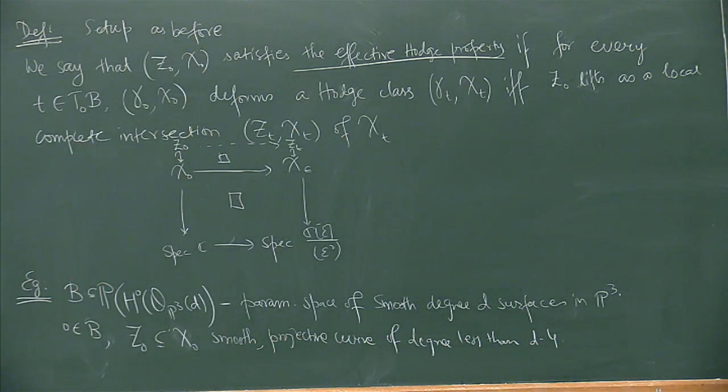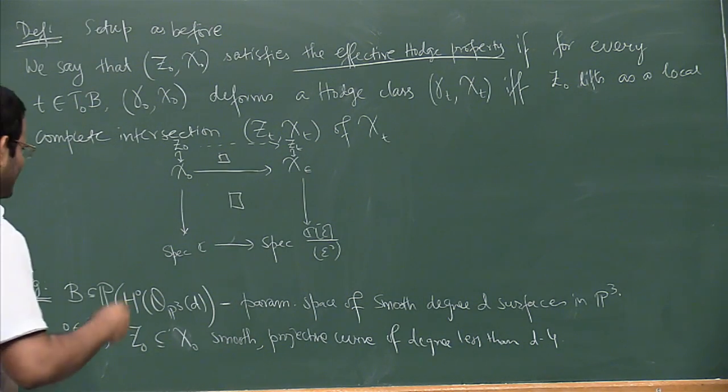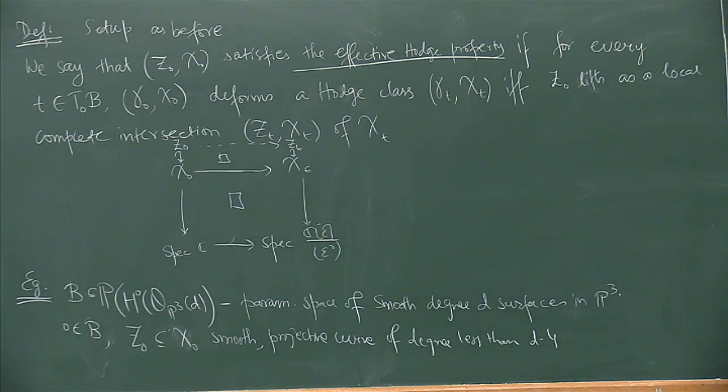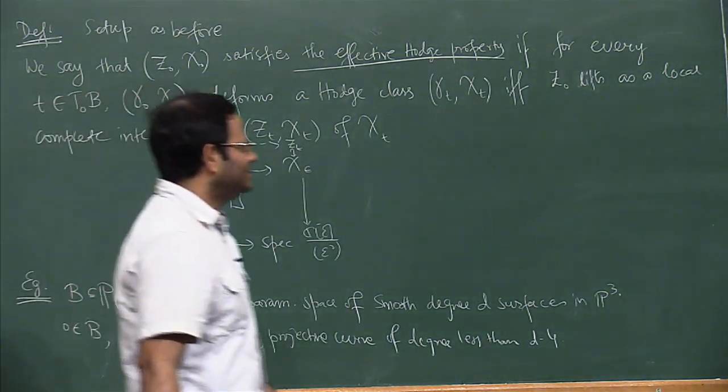You don't have to worry about it; minus 4 comes from the canonical class. This is an example, and it's not totally obvious, but it is not hard to prove either.